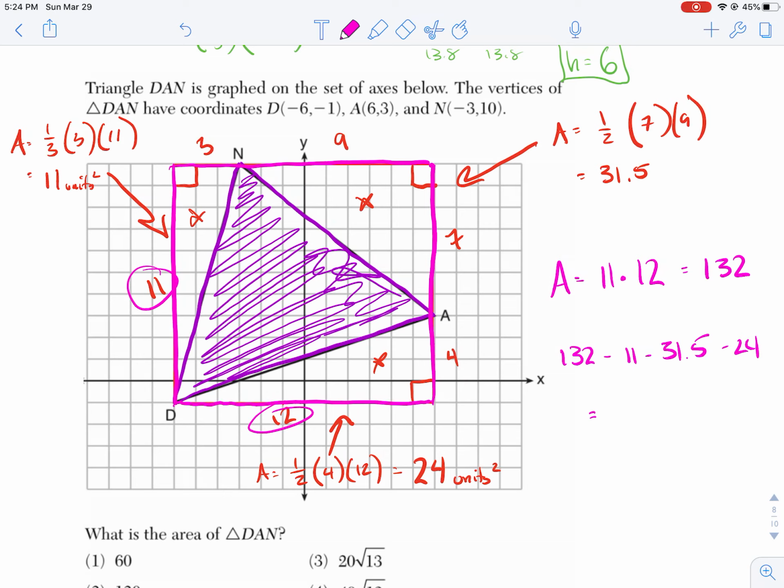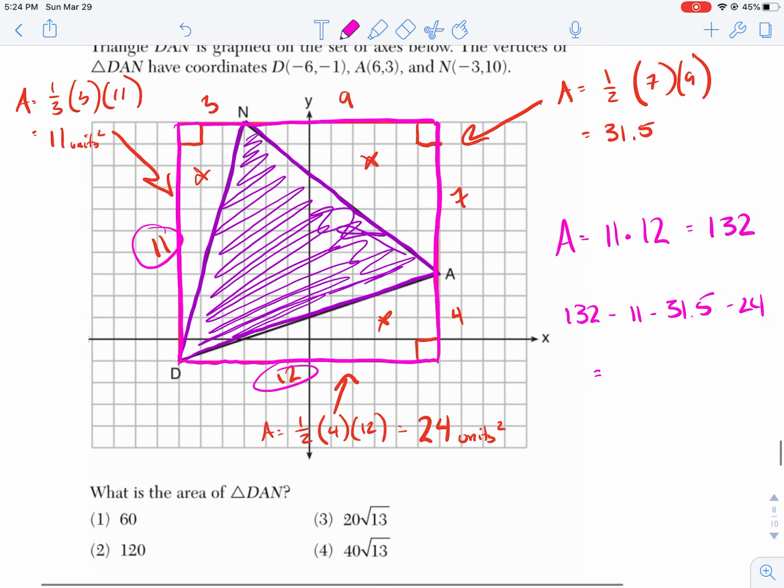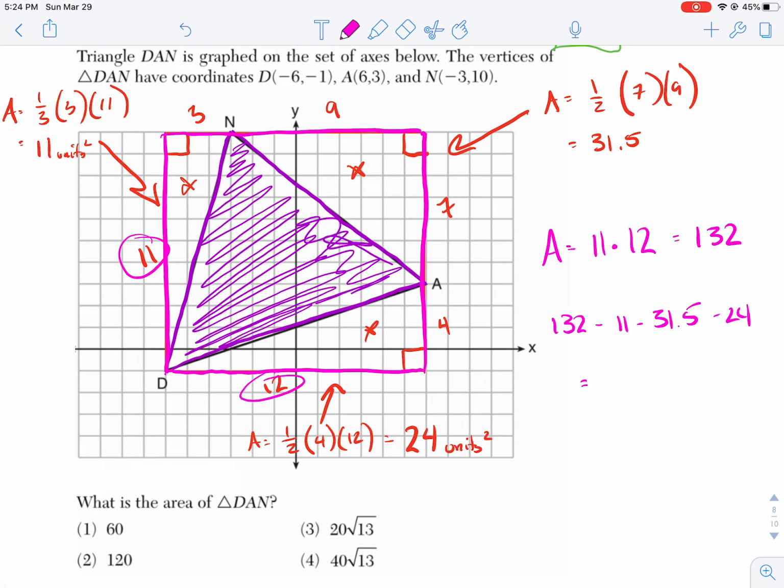Did I type in something wrong here? I'm getting 65.5.